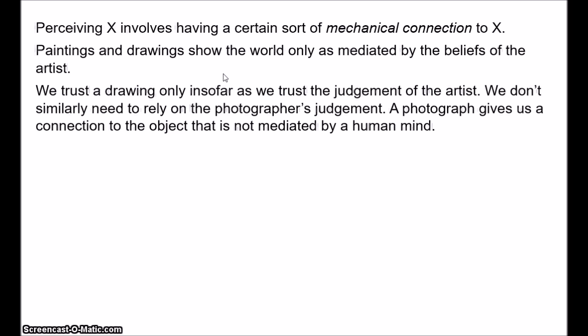It's a connection that hasn't been mediated by a human mind. The photograph does require a human in the sense that a human needs to perform the actions required to make the photograph, but the photograph shows whatever was actually there. If you point the camera and click it in the right way, then the photo will show whatever was in fact, whatever the camera was in fact pointing at.